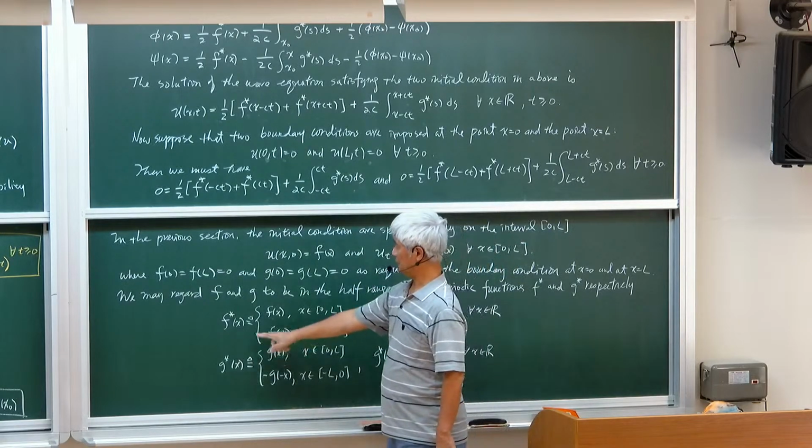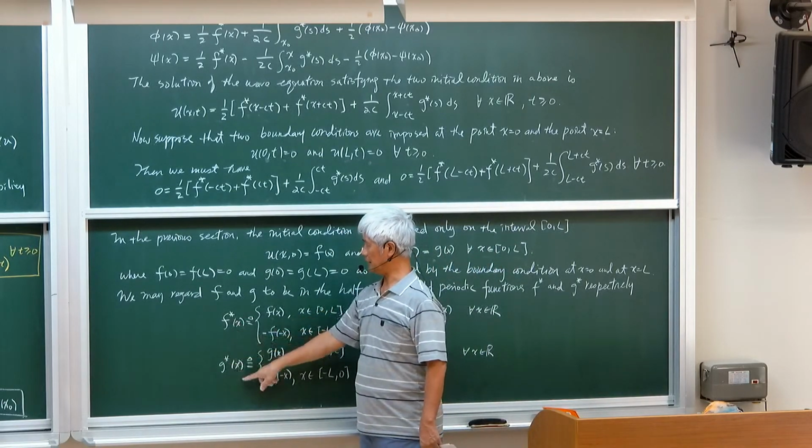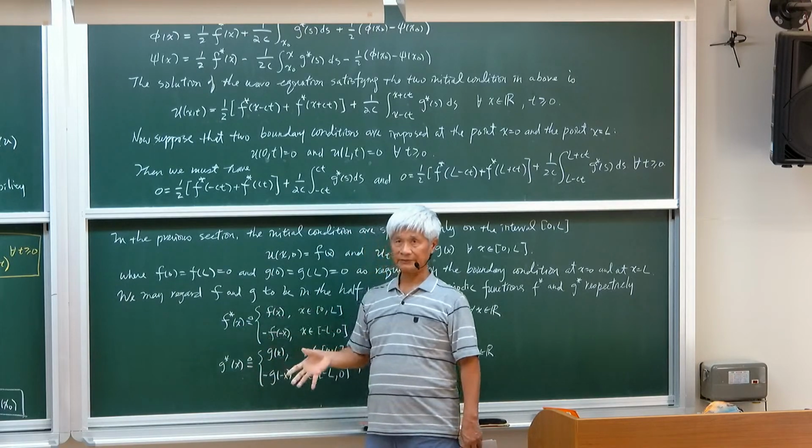Okay, so f star and g star, they are odd periodic functions.